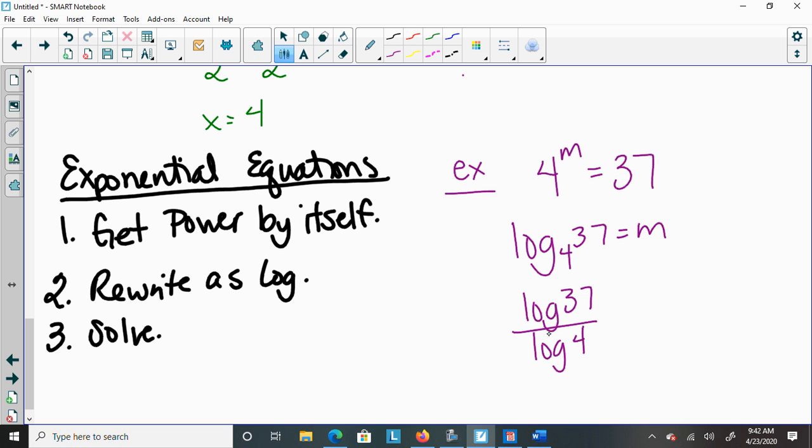Let me type that in real quick. Log 37, make sure you close the parentheses. I think that's messing some people up. Divided by log 4, and I got 2.605047. So that's close enough, and that's your answer. So you'll rewrite it as a log, then you can put that in the calculator.